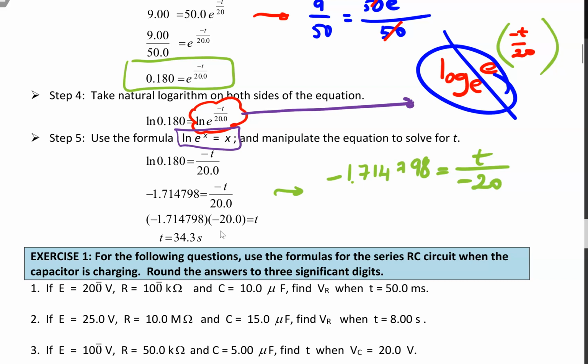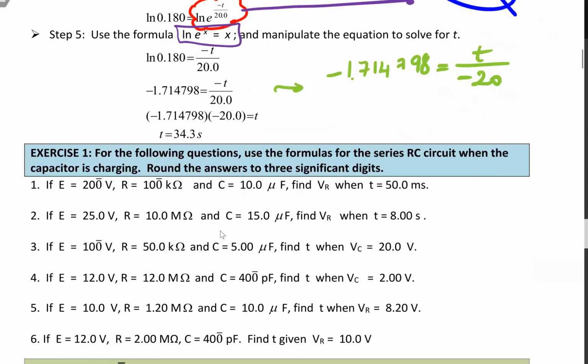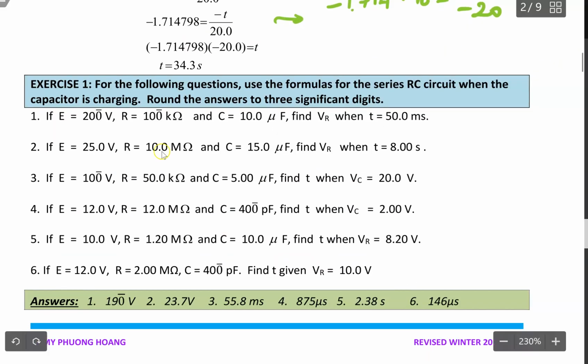So I only have a few minutes left, but I really want everyone to try the exercise that is listed here. Okay, and right here you see I have kilo, micro, and milli as the answer. So I would like everyone to turn on the engineering notation mode on your calculator.